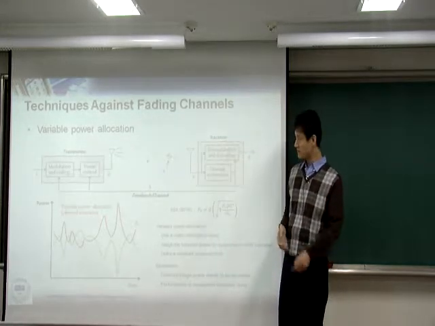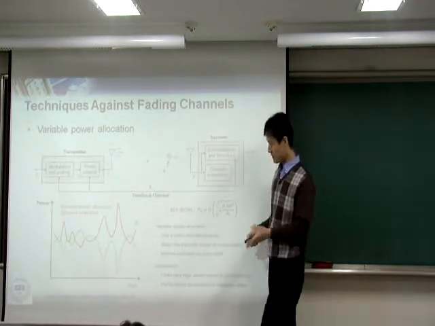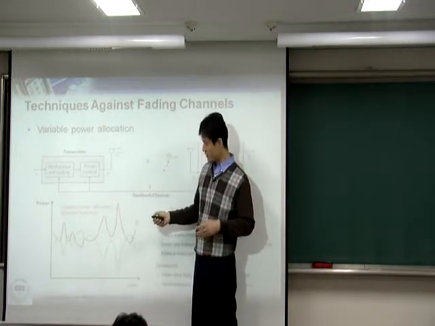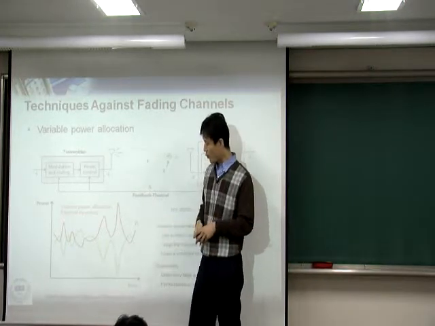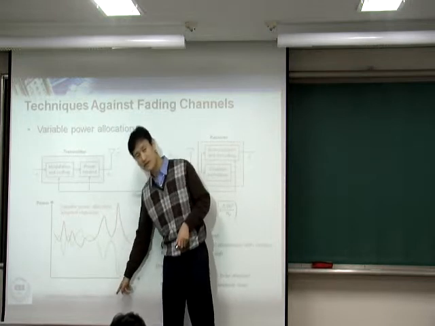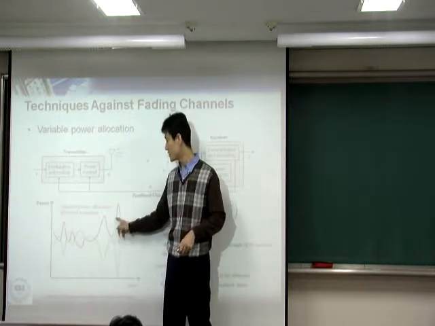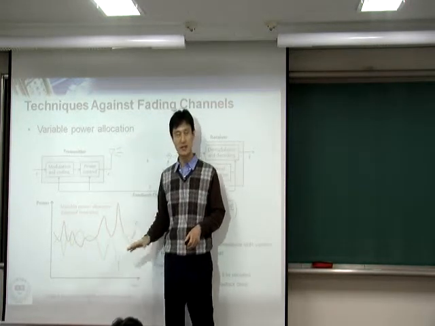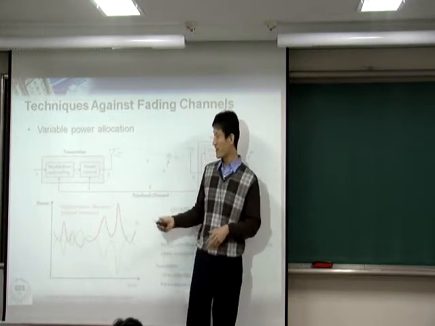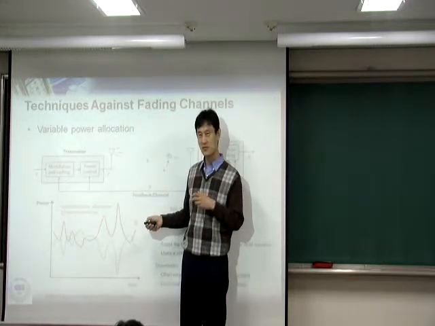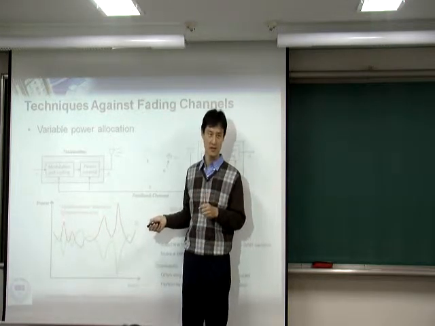That's one problem. Another, maybe bigger problem, is that since we are talking about channel inversion, what if you have a very, very deep fading? In that case, your power has to be very high. Simply, that's not possible. You don't have that amount of power budget.